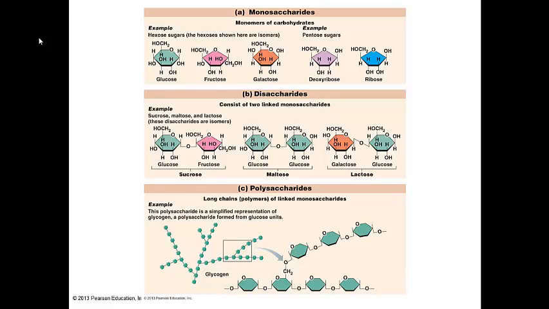I need glucose to send to my cells so I can make energy. If you're not taking it in, I have to get it from somewhere. So I have to do what? I got to break it down. So this polysaccharide is a stored form of glucose that I'll break down when I need glucose in my circulatory system.